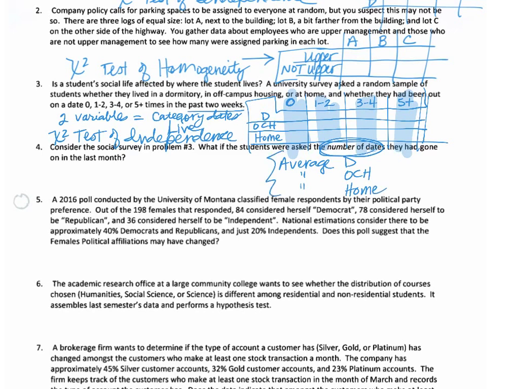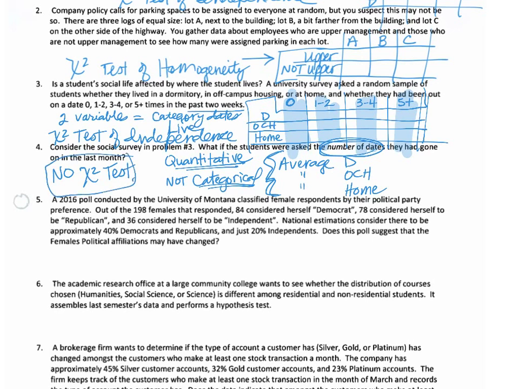averages are considered quantitative data. This is kind of new. If I had gone over the homework first, I would have already covered this. But averages are quantitative data. Quantities, not categorical. That's a problem. That means you can do no chi-squared test at all, because a chi-squared test has to be done with categorical data, not quantitative.